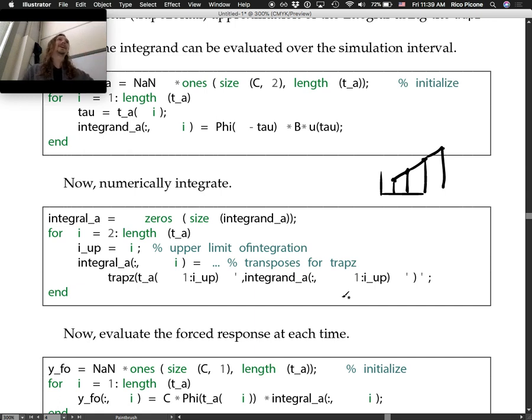I want you guys to understand what we're doing. So yes, each time through this loop we're recomputing this lower one every time, and after the second one we're recomputing this one every time. We could have just summed them up, which would have been more efficient, but I thought this was a little bit easier to look at. And frankly, I didn't need any more efficiency. It runs just fine the way that it is.